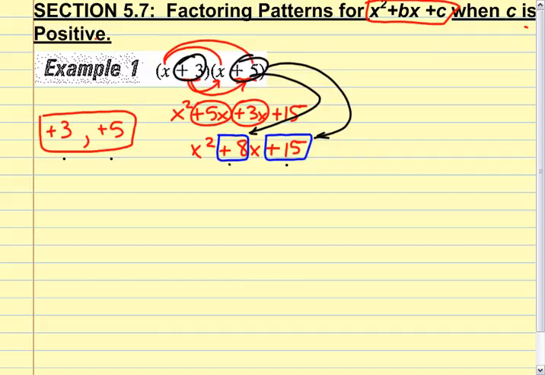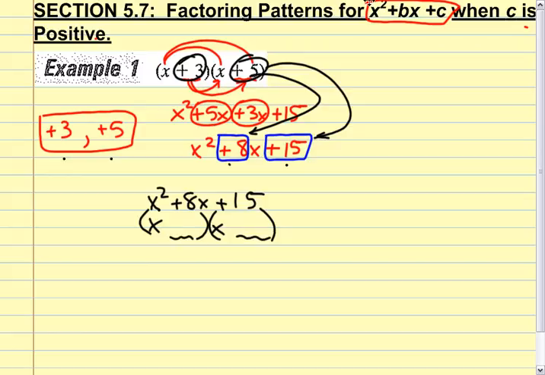So let's take just a moment. Let's look at this thing from the end now. X squared plus 8x plus 15. If I wanted to factor this thing, what goes in the front of these two binomials? X goes in the front, so when I multiply them, I get x squared. But now what numbers go back here?